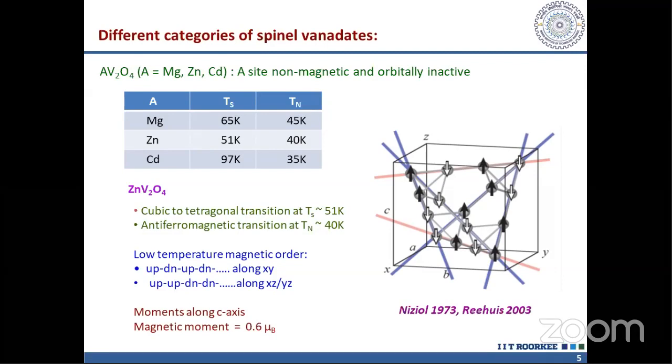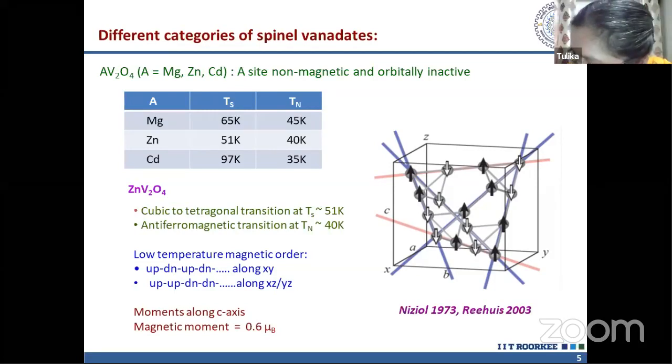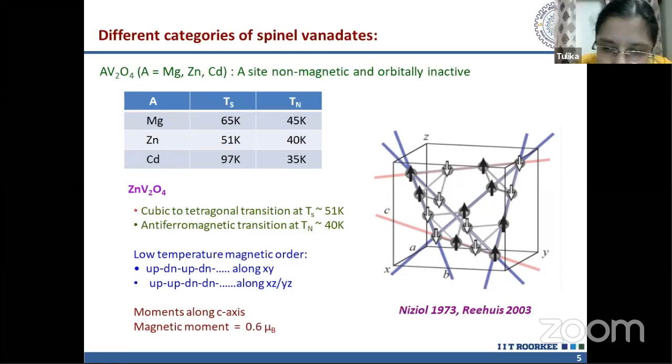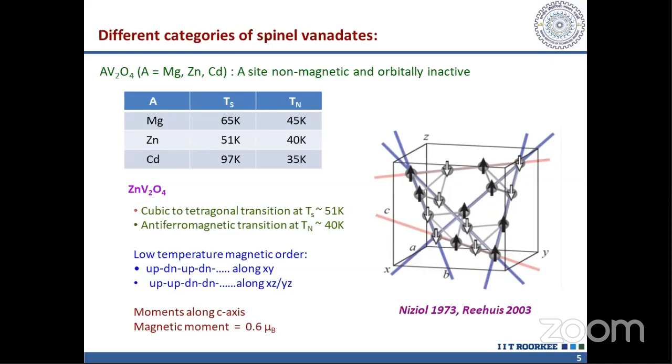I'm wondering whether the structural transition also lifts the orbital degeneracy in the zinc case, whether you have basically two of the orbitals occupied and the other goes up. Is it possible to see that? Sorry, I couldn't hear the last part of your question. I'm saying that in the case of zinc, below the structural transition, there is some octahedral distortion.